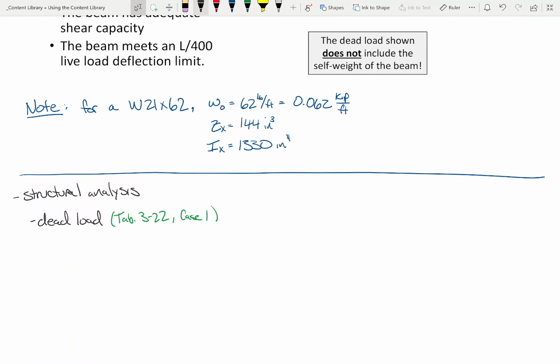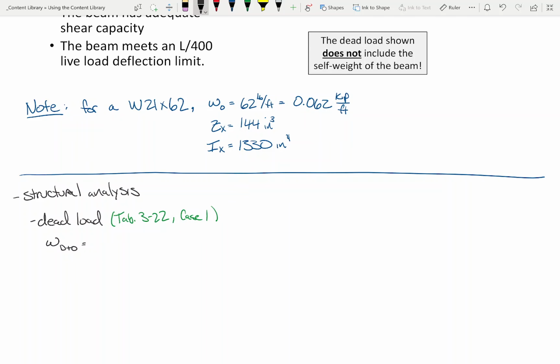Okay. So what I'm going to do for dead load is write this down. Let's just think of all the dead load that's on the beam. And I propose that all the dead load on the beam is the beam's self-weight plus any weight that is superimposed.